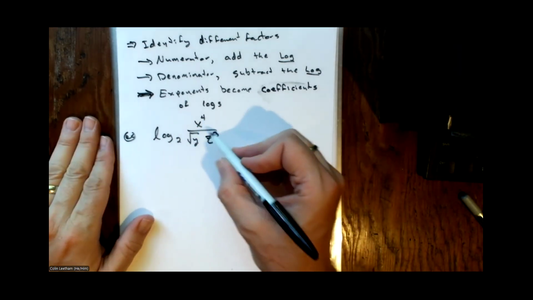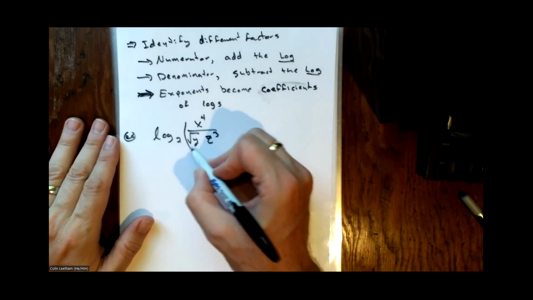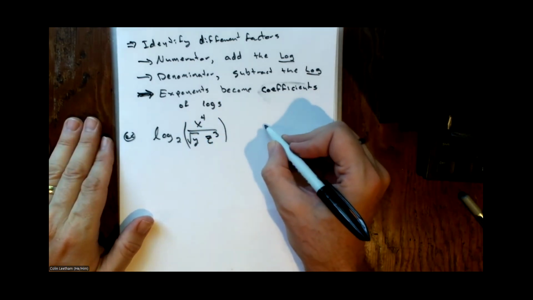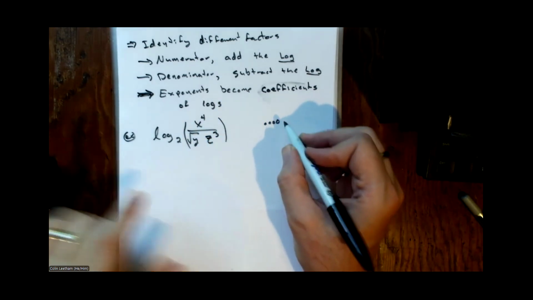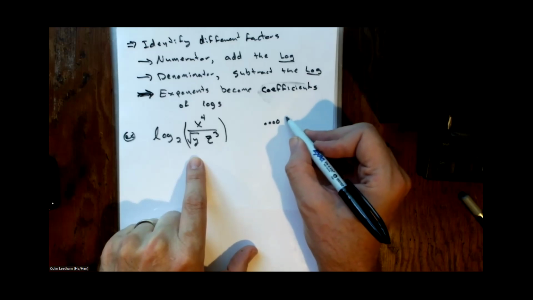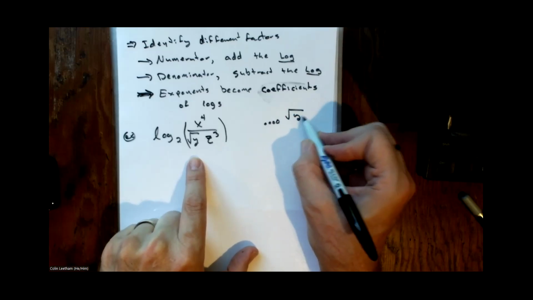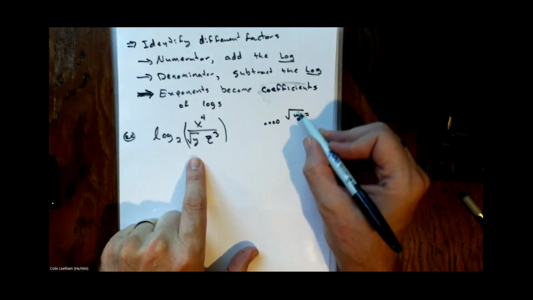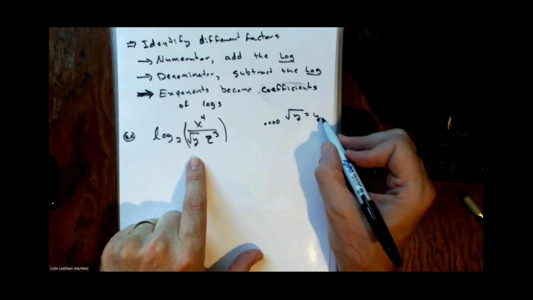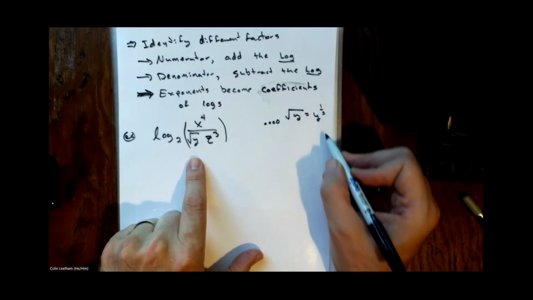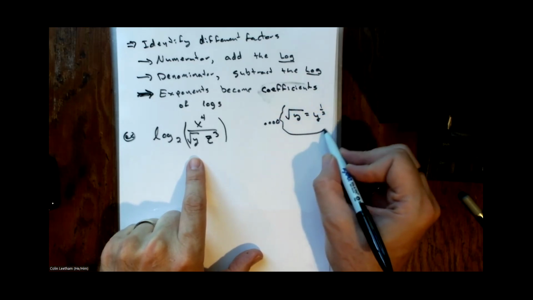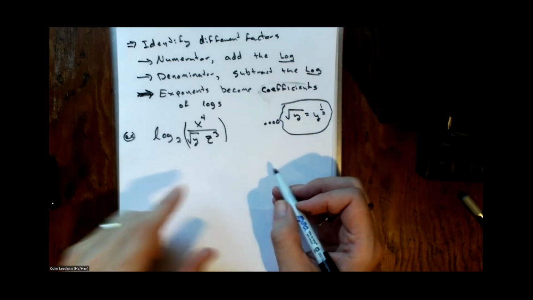So I see I've got x, y, and z. I'm also going to remind folks that a square root is the same thing as a fractional power. So square root of y is technically like y to the 1/2.